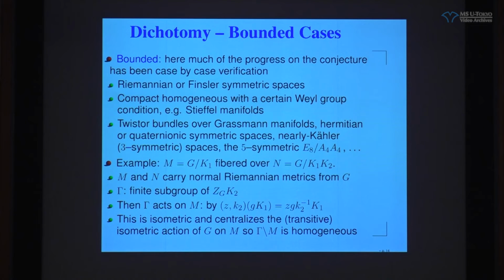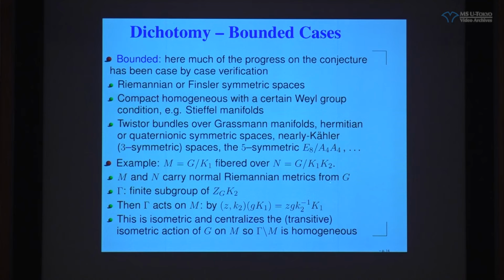And so, for example, this is the more general situation for those technical conditions. You have the isometry group, and M is like a Stiefel manifold, fibered over a Grassmann manifold.